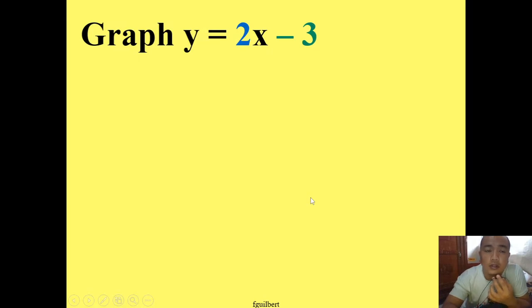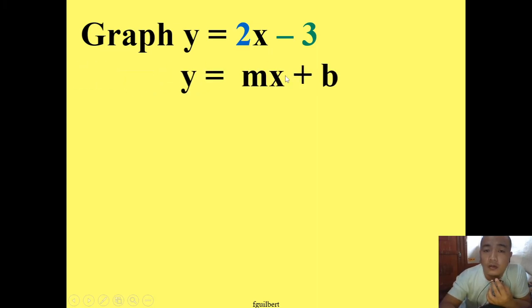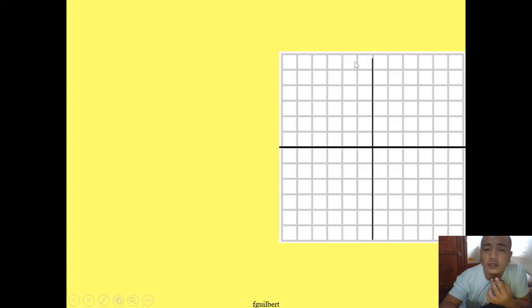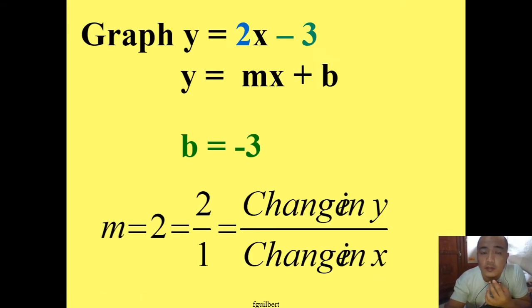Slope and y-intercept. Now, let us learn how to graph a line given its slope-intercept form. Example, graph y equals 2x minus 3. From here, what is the slope? The y-intercept is negative 3, while the slope is positive 2, which can be written as 2 over 1.